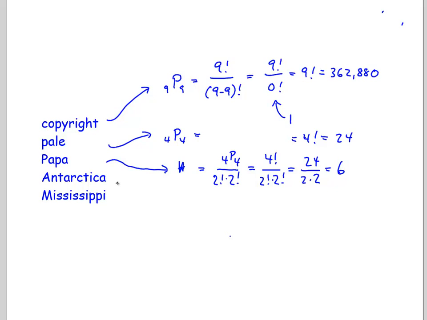All right, let's look at the word Antarctica. So the number here is 10 letters. So it's 10 out of 10 for permutation, but then the letter A appears 3 times. So as I try to do the permutations, I have to divide by 3 factorial, or 6, because the A's are identical.